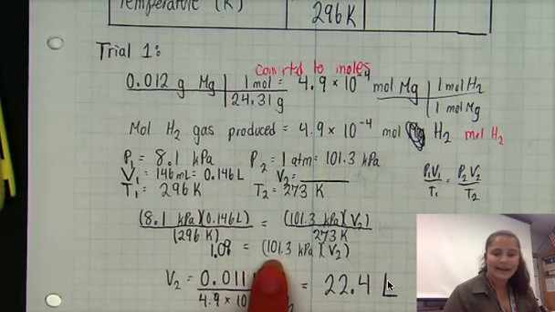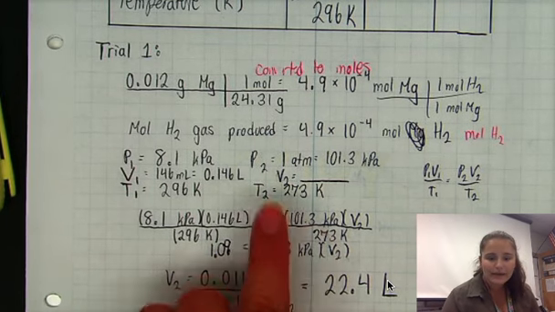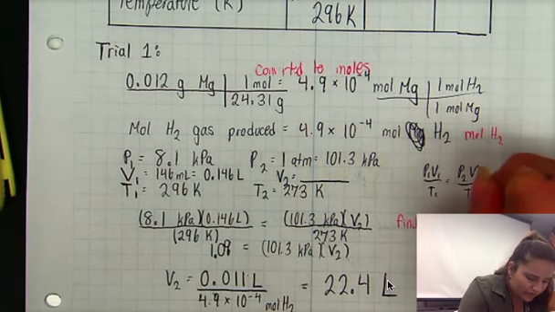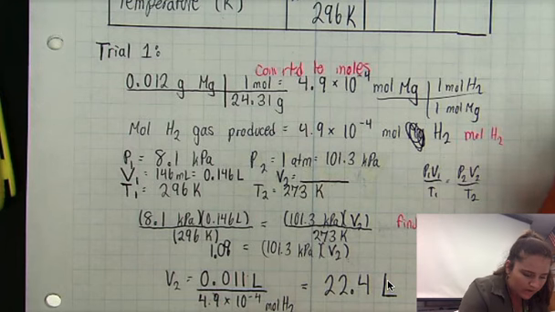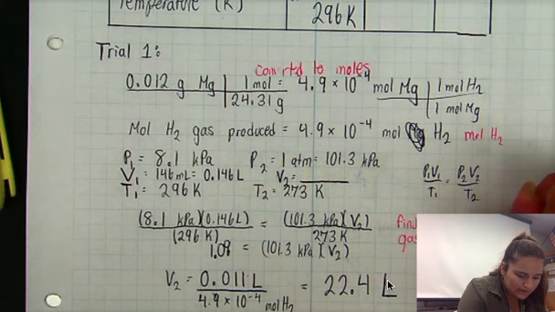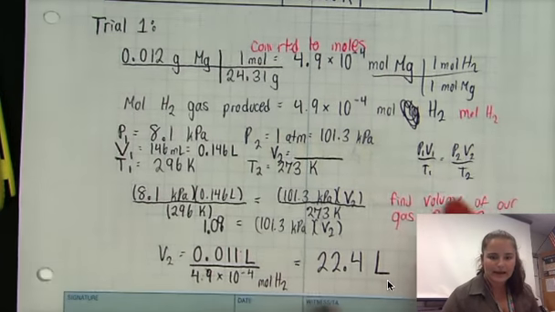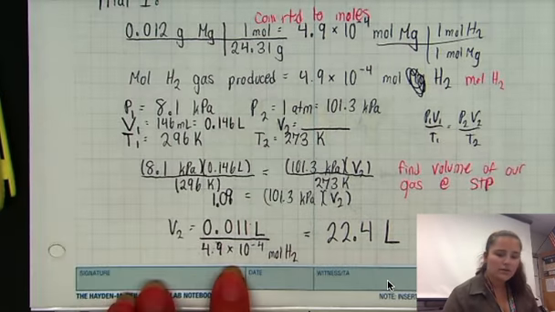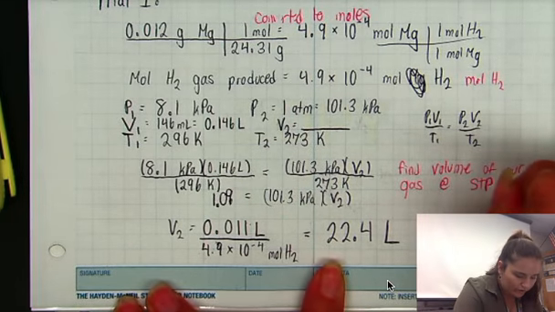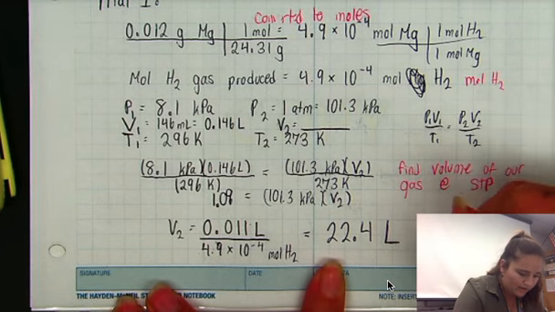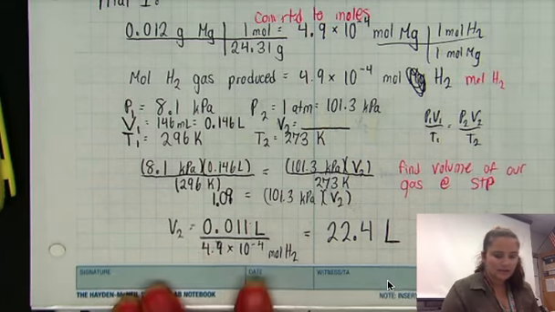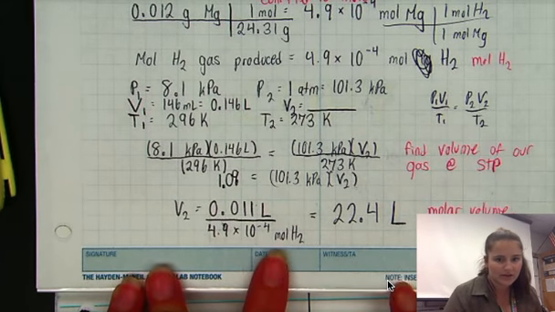Then we used the combined gas law to see what the volume would be at STP. So find volume of our gas at STP, using the combined gas law. Then we divided it out to get the molar volume, aka the volume of 1 mole, not just of 4.94 times 10 to the negative 4.